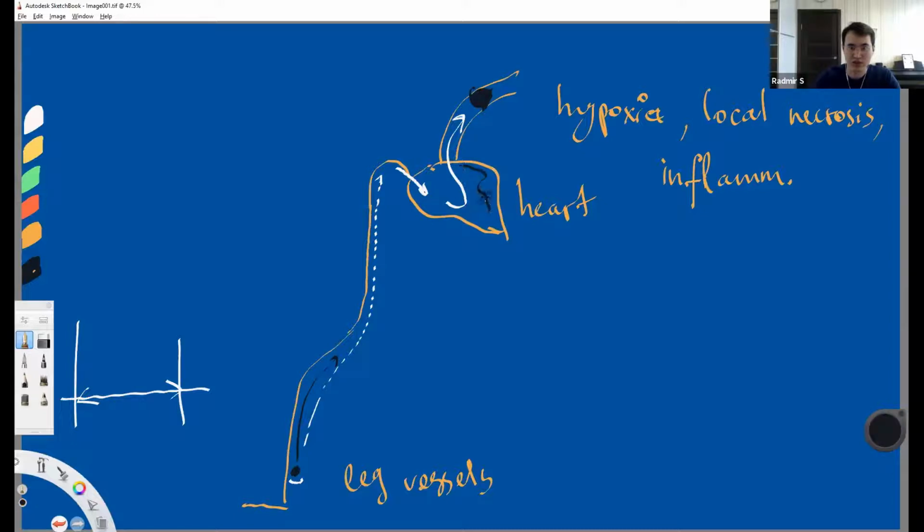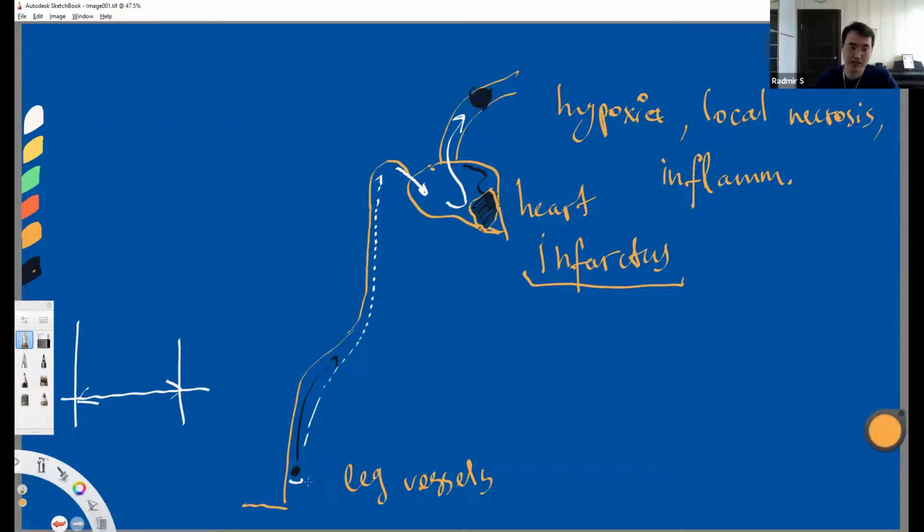So some part of the heart will not receive oxygen, and because it constantly contracts, of course, it will accumulate a lot of waste and will not obtain the oxygen, and in this case, we will have the infarction. And this means the death of the cells, and sometimes it might be fatal for the person, so they die because of the heart attack.